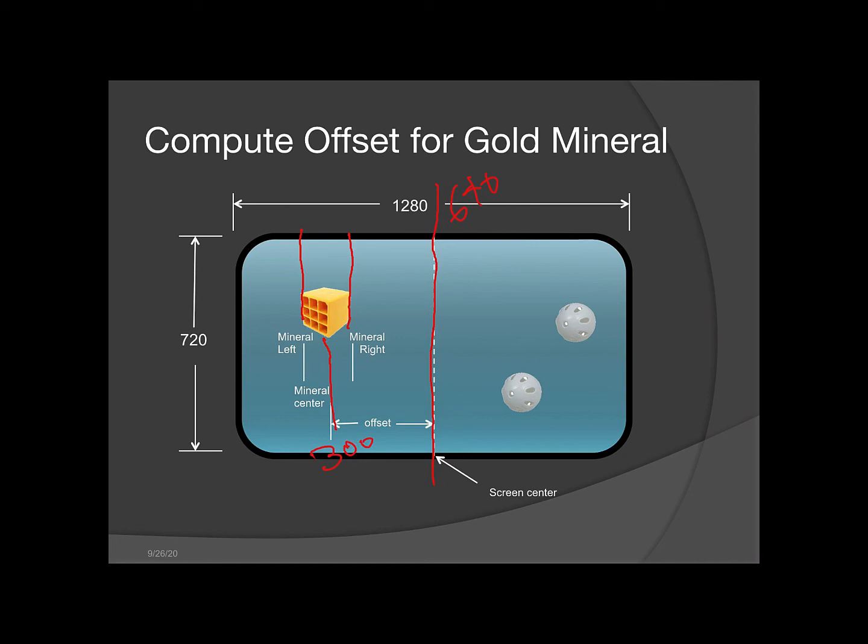We can take 300, we can subtract 640, and what we will do is we will get a minus 340. That number is negative, so the gold mineral is on the left side of the screen.